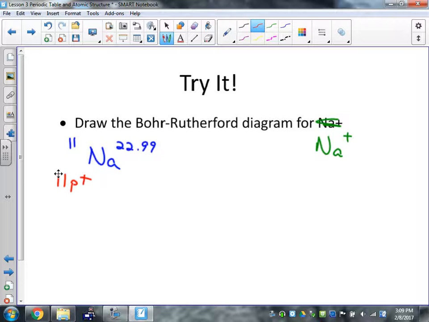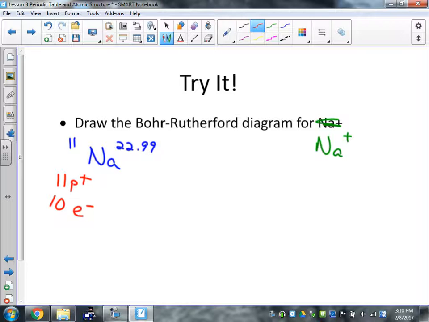If I have 11 positives, how many electrons do I actually have here then? Anyone? Put your hand up. How many electrons? 10, okay?